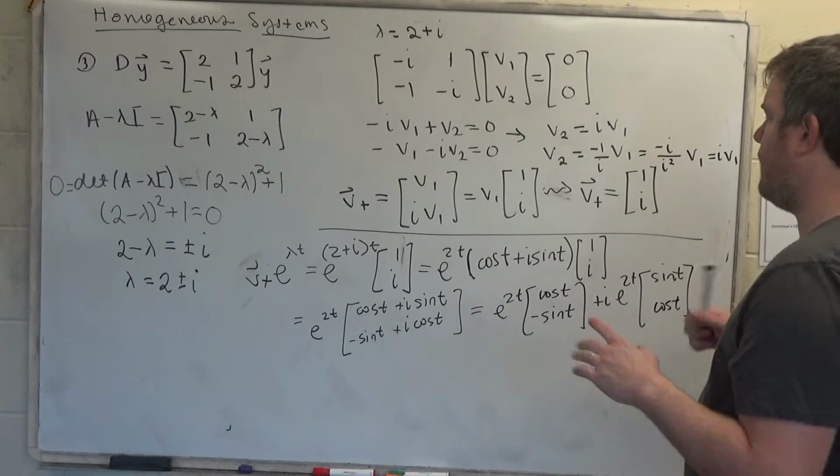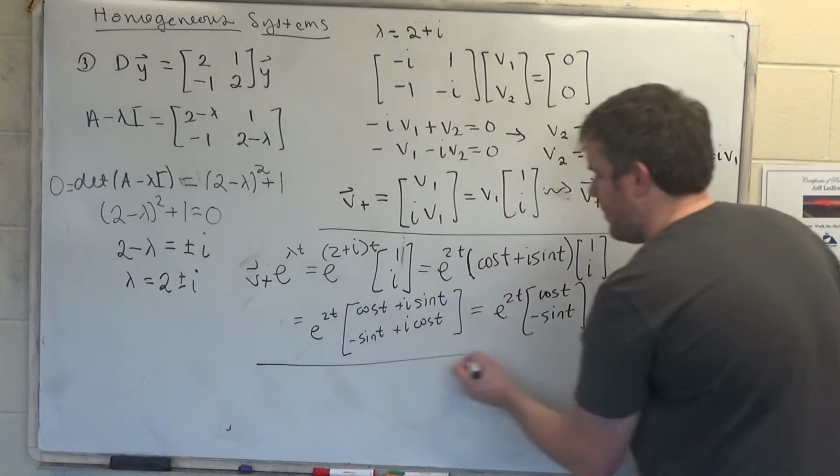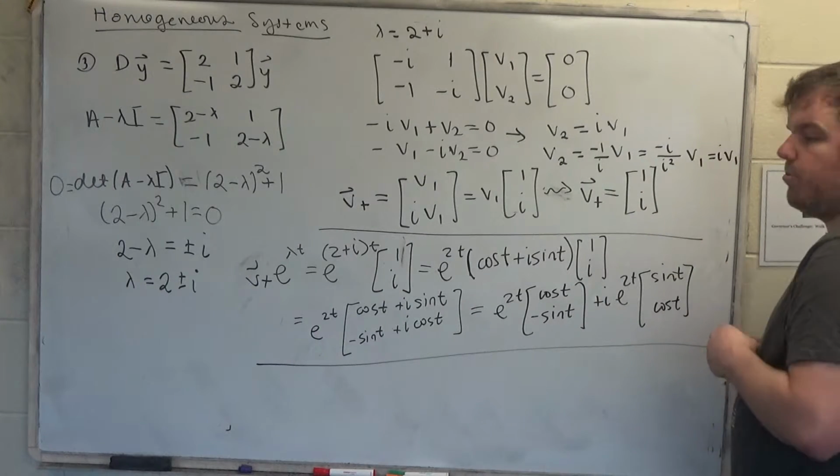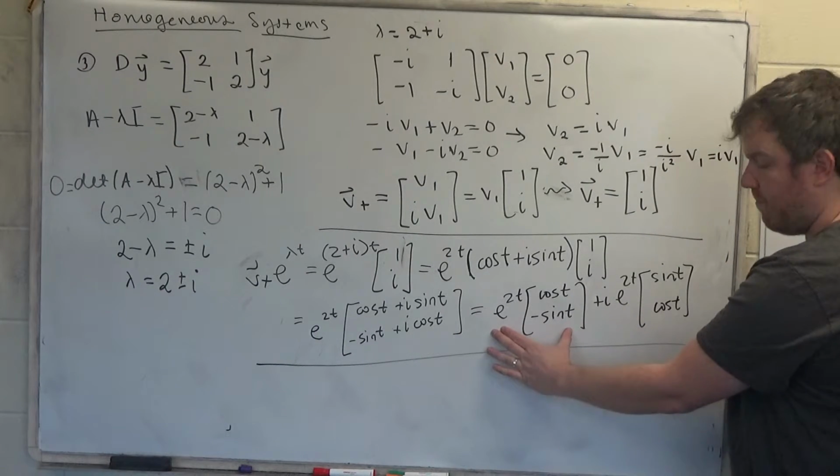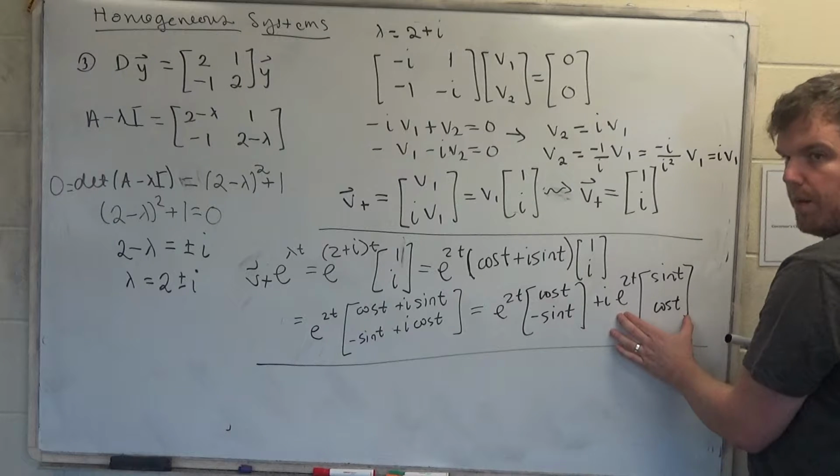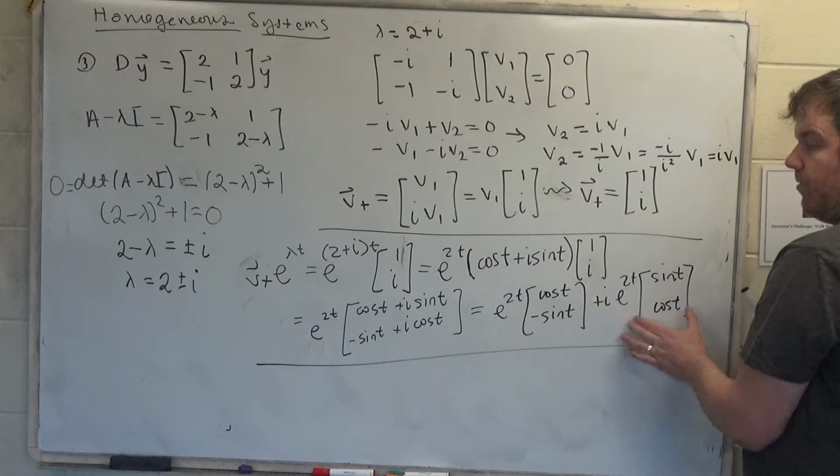Okay, and this auxiliary calculation gives us our two solutions. This is one of them, and this part, the imaginary part without the i, is another real solution.